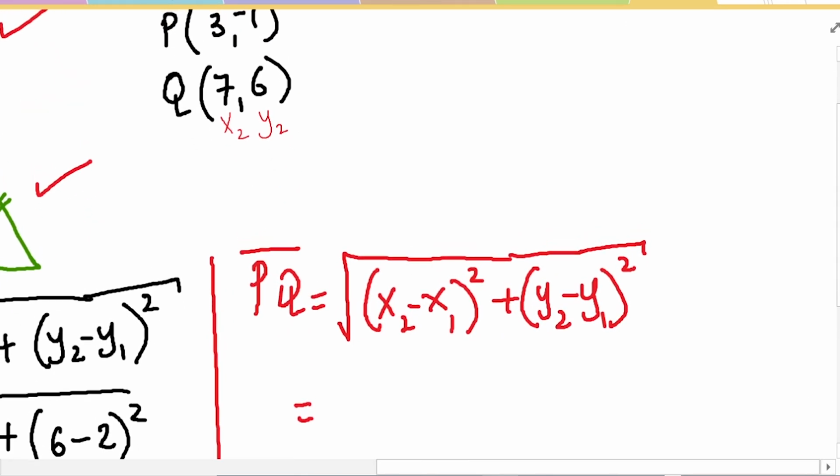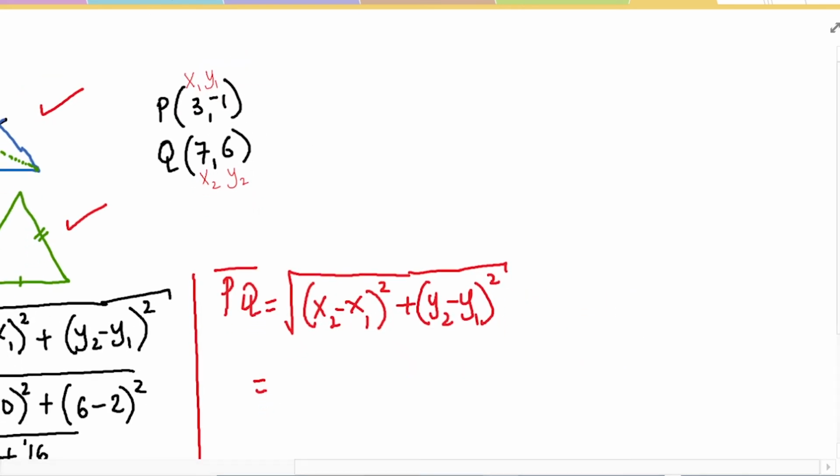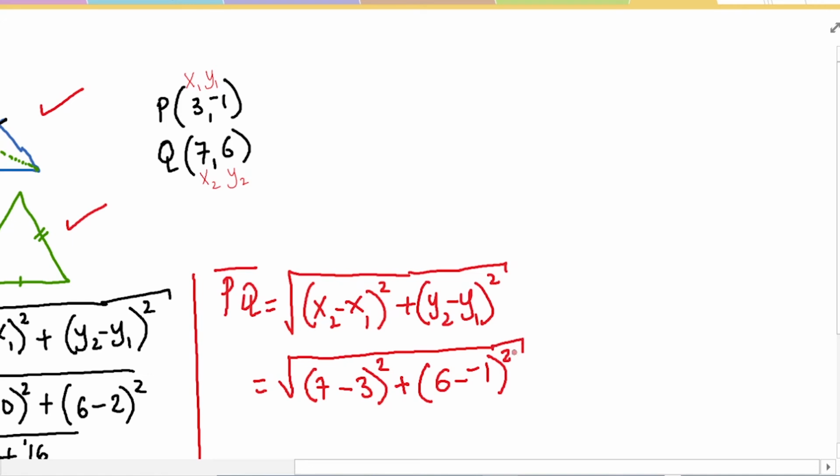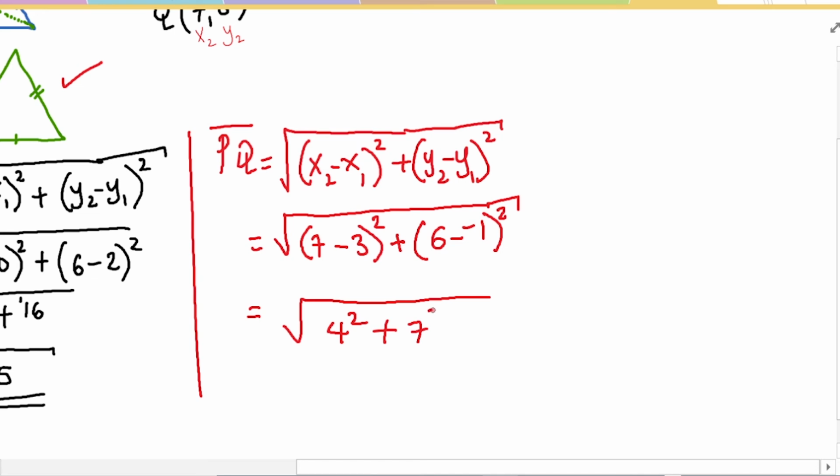From there, we can go ahead and substitute it down here. It's going to become the square root of (x2 minus x1), which is 7 minus 3, squared, plus (y2 minus y1), which is 6 minus -1, all squared. So 7 minus 3 is 4, so we get 4 squared plus 7 squared.